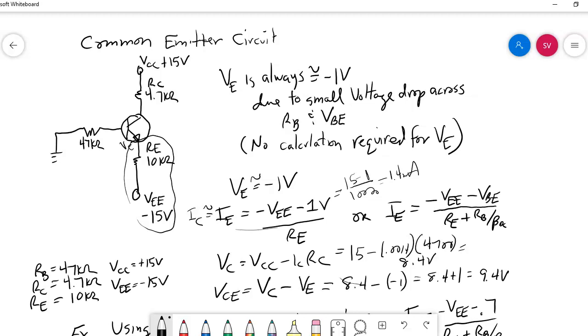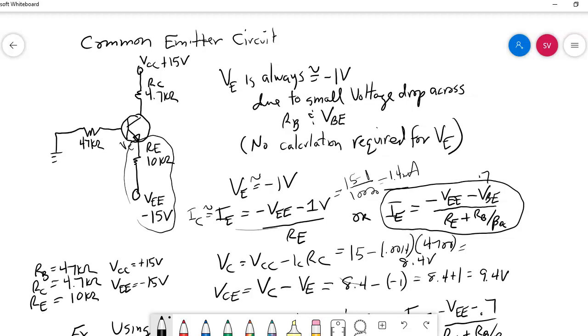Now we could demonstrate using this formula, which is kind of similar to what we saw in the emitter feedback bias formula, where we have a minus VEE minus VBE, which is 7/10 of a volt, over the emitter resistor plus RB over beta.